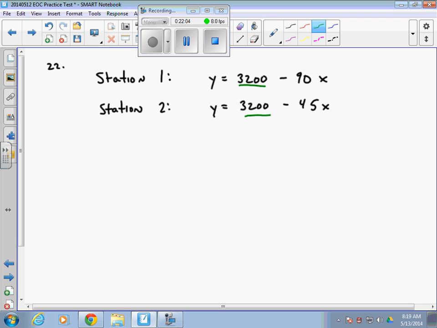Station 1 is selling their gas at 90 gallons per hour. Station 2 is selling 45 gallons per hour. So they ask you to describe what's true about those. The first one's the most true statement. It says Station 1 sold gas twice as quickly as Station 2.